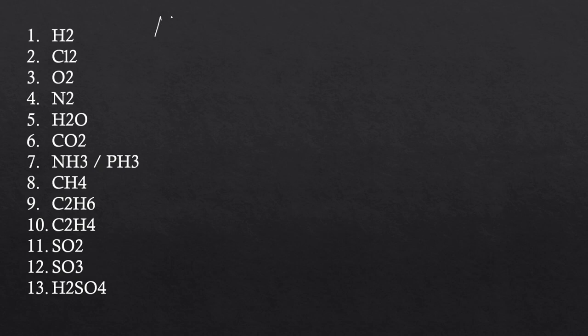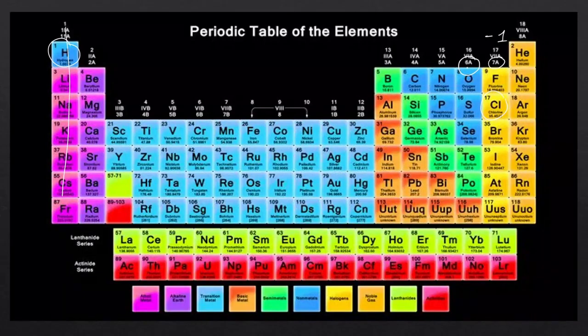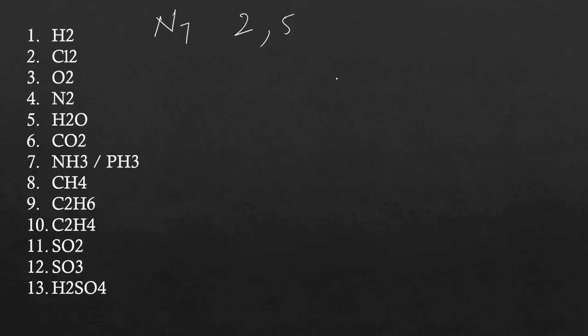So N2, actually one nitrogen, its atomic number is 7. 2 electrons in the first shell and 5 electrons in the valence shell, because nitrogen is from group number 5. So if it is from group 5, its charge will be 3 negative, so it can make 3 bonds.